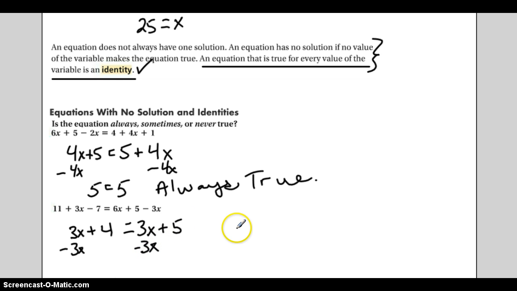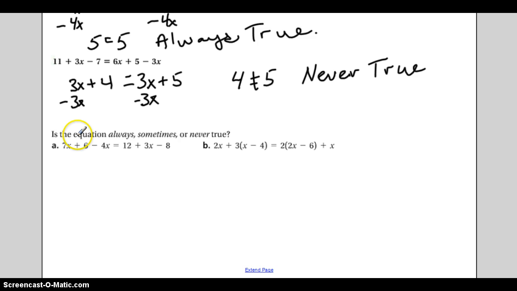And you're going to be left with 4 equals 5. We know this is not true, therefore this is never true. So now what I want you to do is to go ahead and try both of these in your Cornell notes.